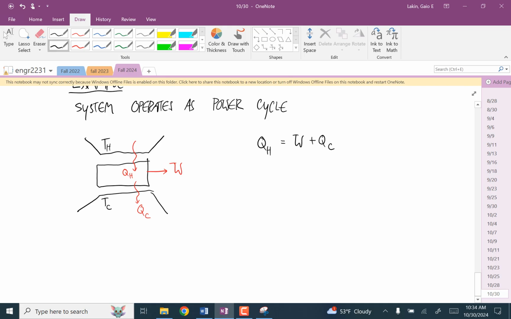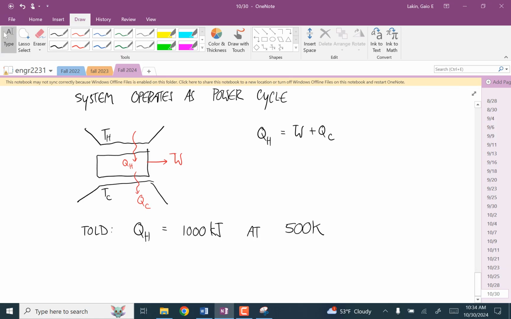And we're told that QH is equal to 1,000 kilojoules, and the temperature is 500 Kelvin. In the exhaust, we lose an amount of heat QC.